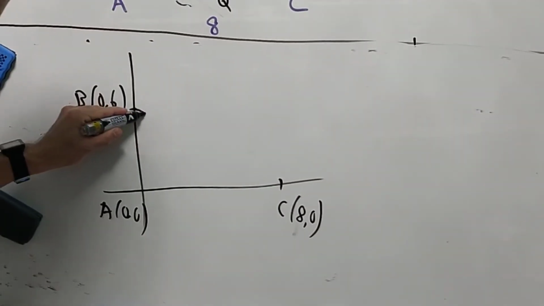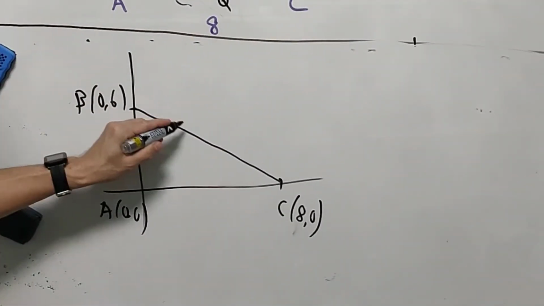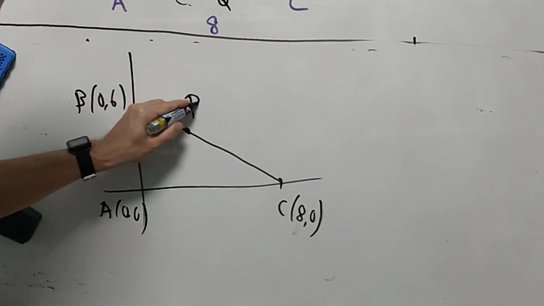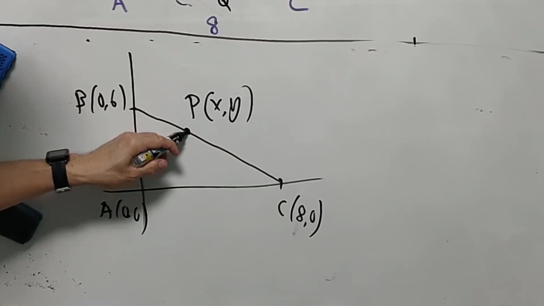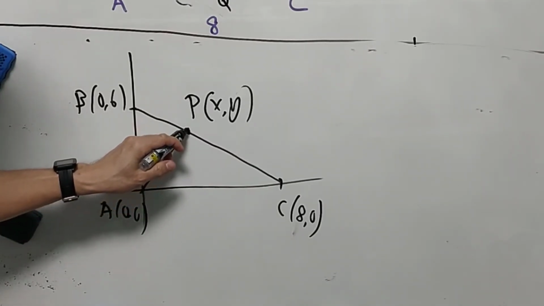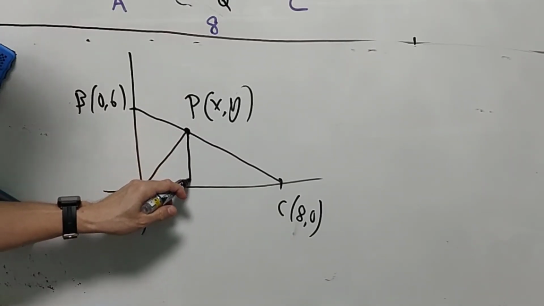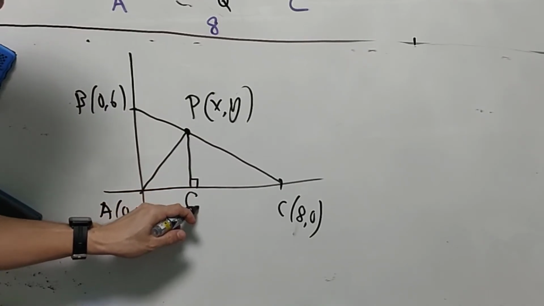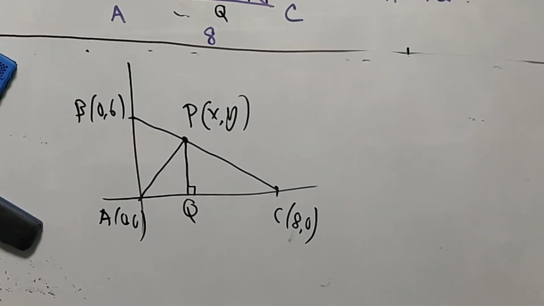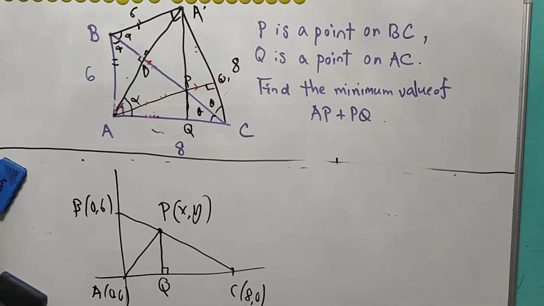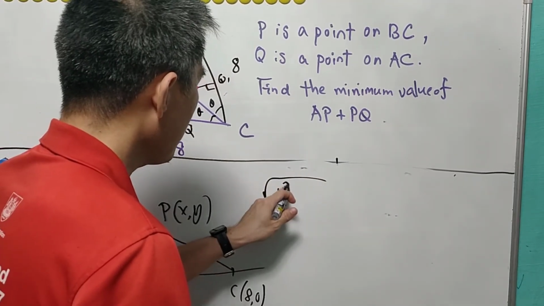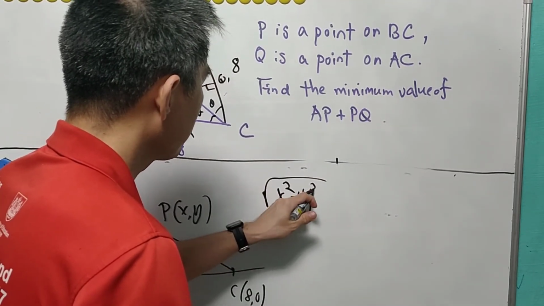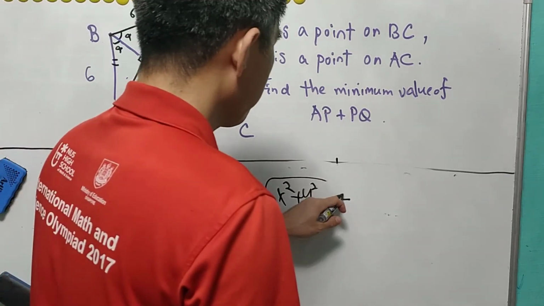So we join B and C. Now this is a point P, X, Y. We do not know where P is, but we are sure that no matter what P is, this Q has to be 90 degrees so that it is minimum. So our target is to find the minimum of AP plus AQ. AP will be square root of X squared plus Y squared, and PQ will be just equal to Y.